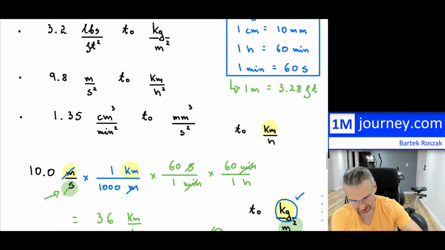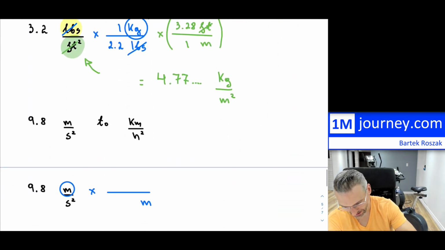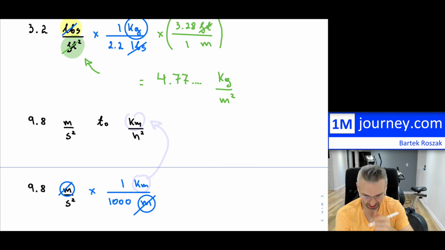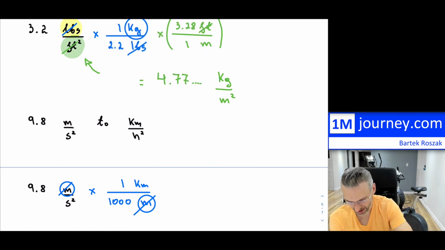I did provide this right here: 1 kilometer is equal to 1,000 meters, in case you have forgotten. So that's a kilometer, and this is going to get rid of this meter right here. So that's gone, and it's going to give me my kilometer, which is what I wanted. So that's the first thing: I've changed meters to kilometers.